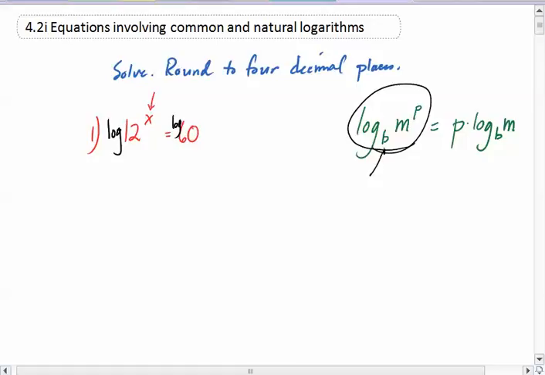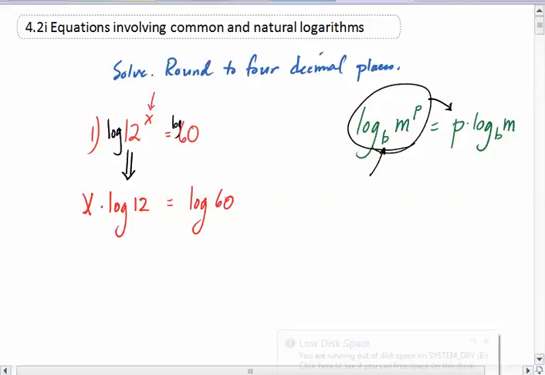So the b here would be a 10, but I don't have to write it. So what I'm allowed to do is take this left-hand side and rewrite it where the x is on the baseline, sitting in front of log 12. Now I'm just going to copy the right-hand side because we haven't done anything with an exponent there.